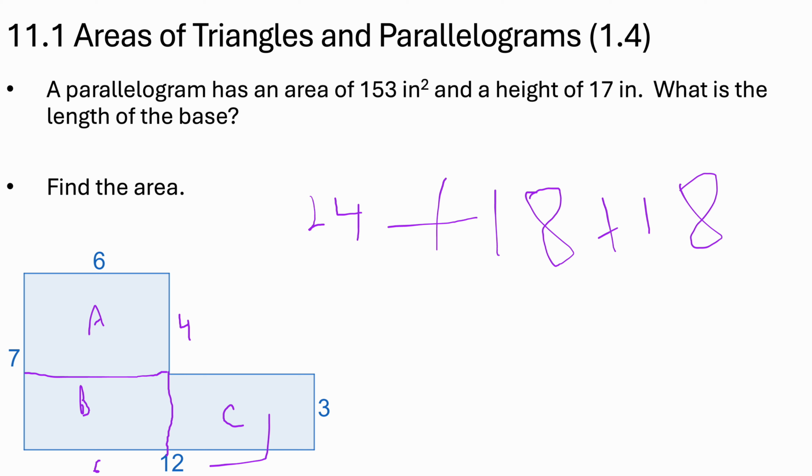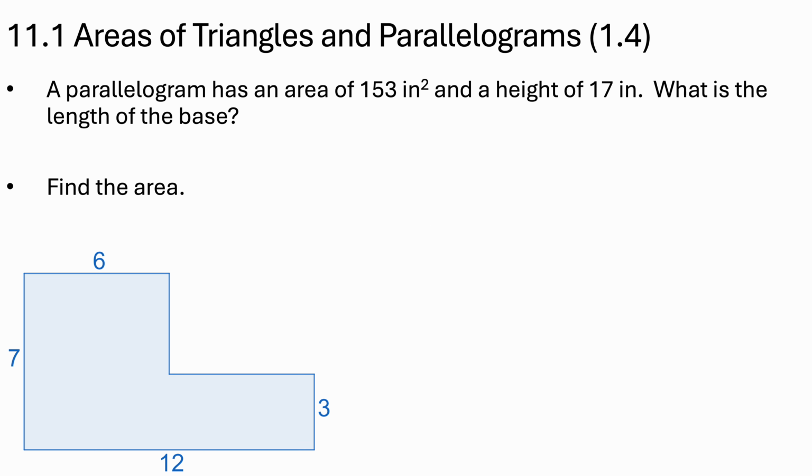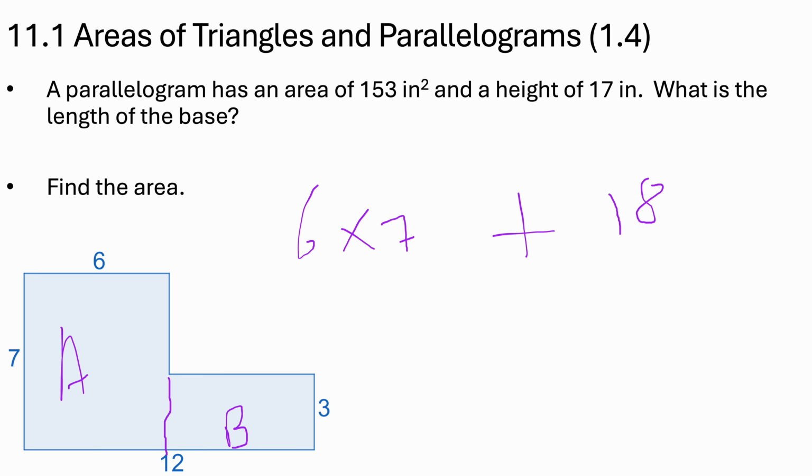Now you can calculate the area in a different way also. Let's do that. You make only two parts. This is A, this is B. For A, area is 6 into 7, which is 42. And B would be 6 into 3, 18. 42 plus 18, again it will come to 60 only.